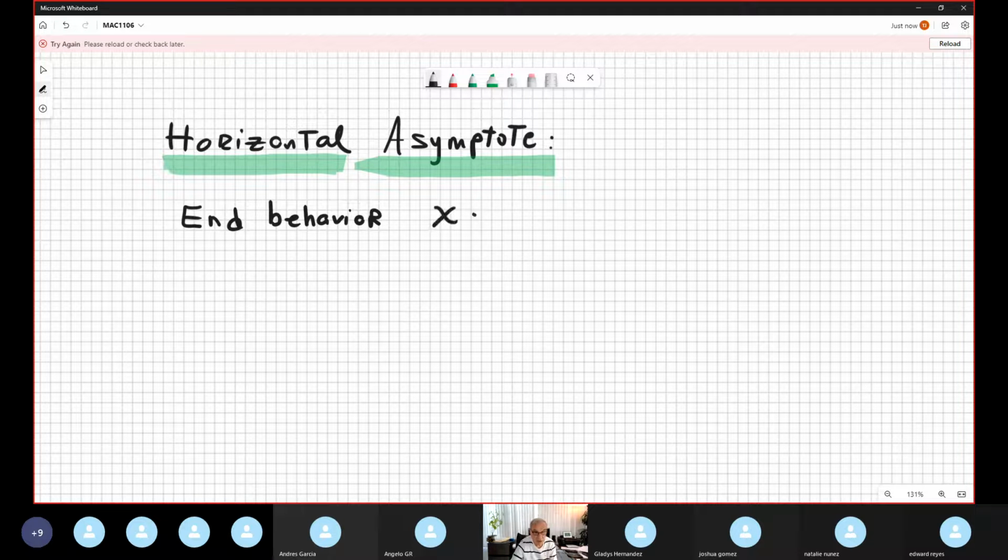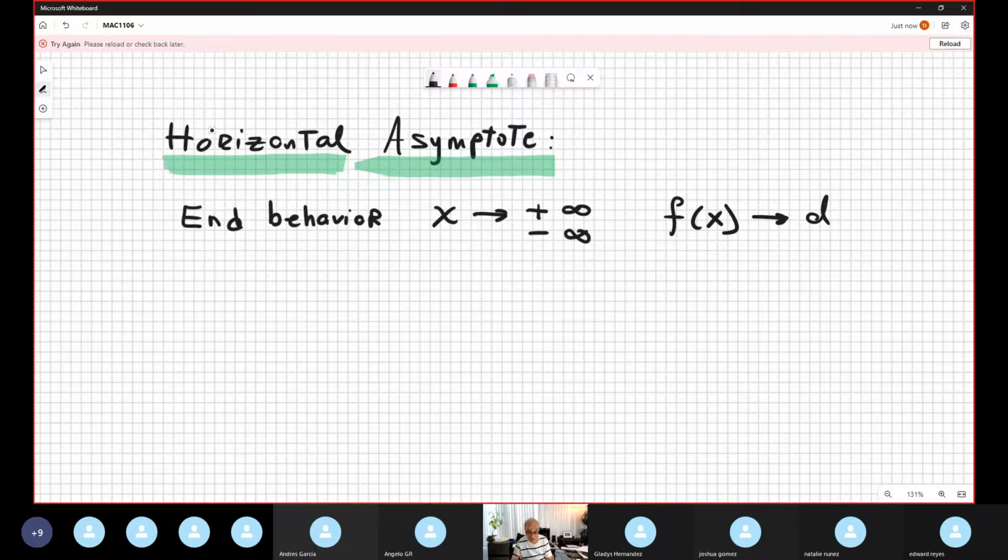It's when x approaches positive infinity or negative infinity, in both directions, to the right and to the left, suddenly it happens that the function approaches one value. Okay, I want to call it D. Amazing. So in both directions, positive infinity and negative infinity, it is the same value.